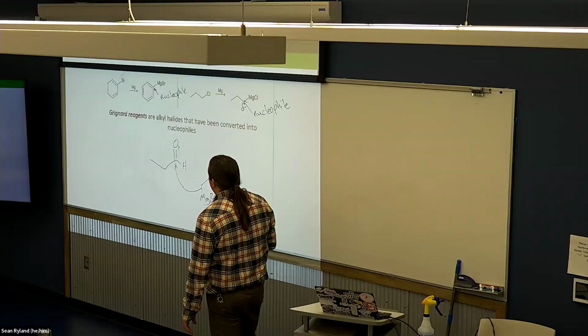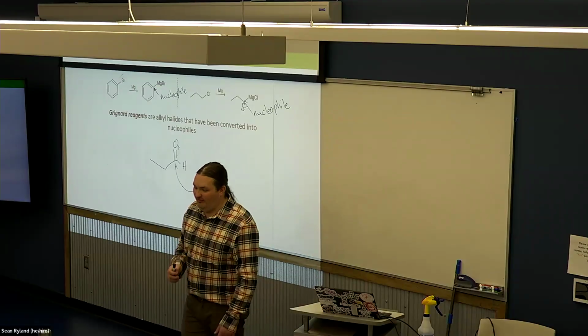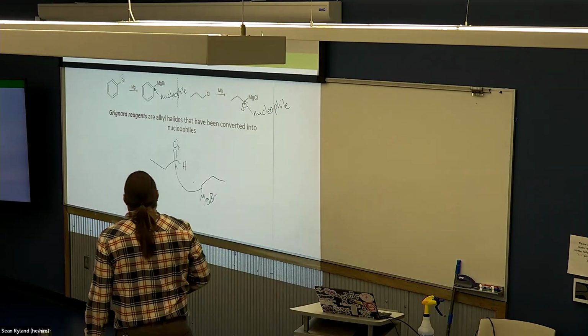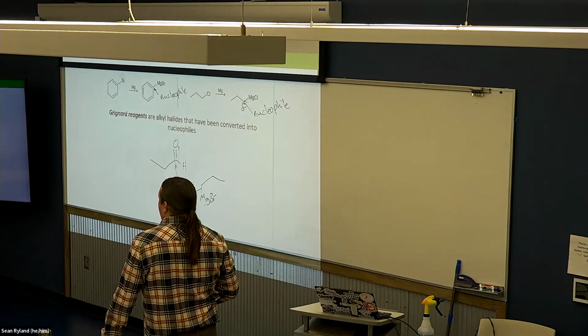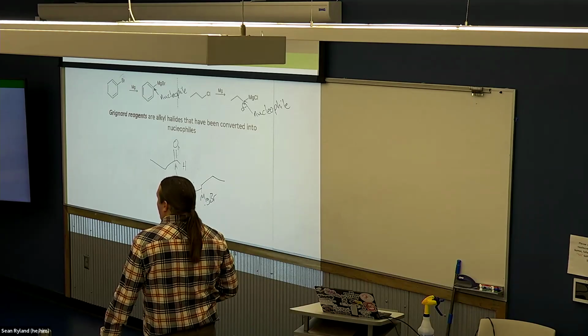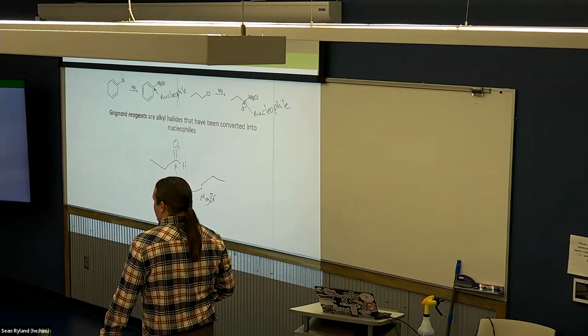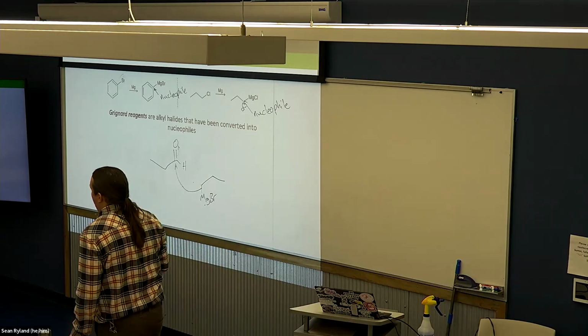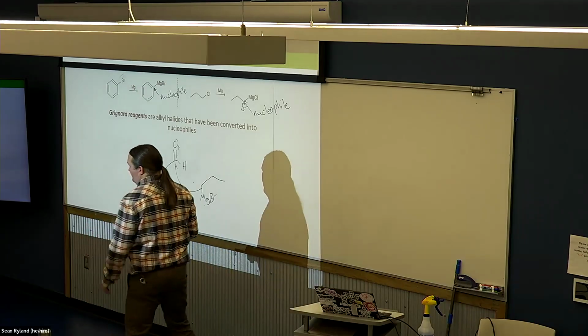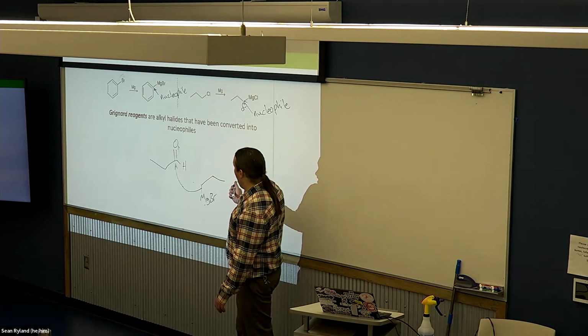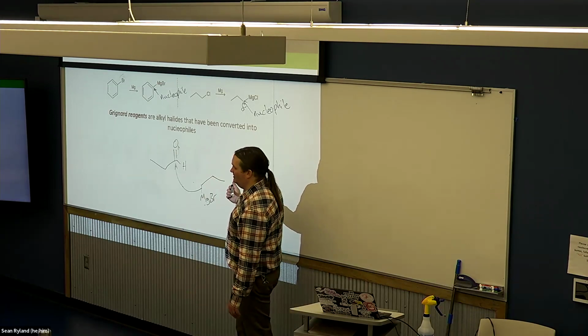But this winds up being a really, really helpful synthetic technique, because now we don't have to go through an alkyne to add carbons. This is a new way we can change the carbon skeleton that doesn't involve any triple bonds.